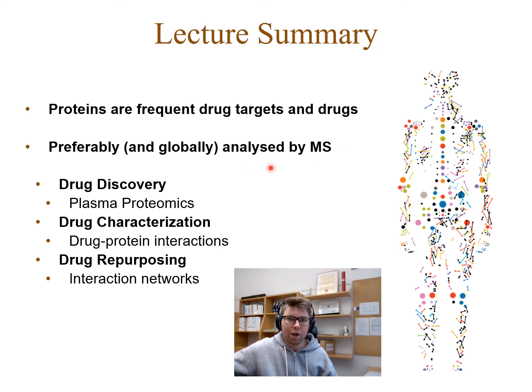And I showed you how mass spectrometry-based methods can be used in drug discovery using plasma proteomics as an example, and how they can be used in drug characterization using thermal shift and drug-protein interactions as an example. And finally, how mass spectrometry can be used in drug repurposing through analysis and uncovering of new protein-protein interaction networks.